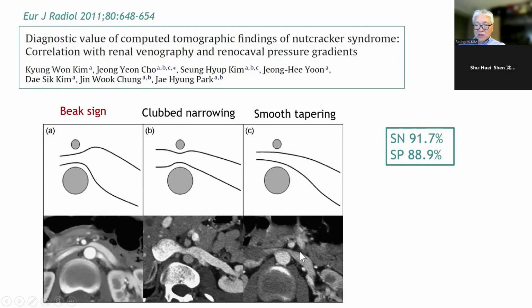We tried to categorize this and suspect Nutcracker if the CT shows the beak sign. And actually the sensitivity and specificity were quite high.